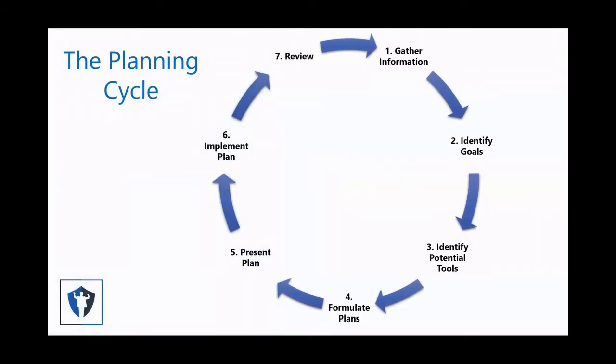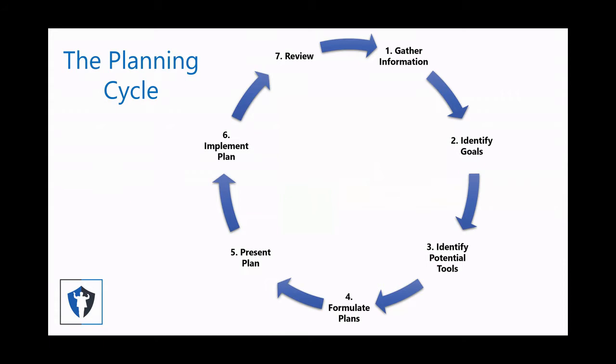As we go through this, I really start with helping the client understand that there is a planning cycle, that this isn't just let's sit down and get this all done at one time, but it really takes multiple steps to get it right. And even after we get everything implemented, we're going to continue to review and revise everything that we've done.